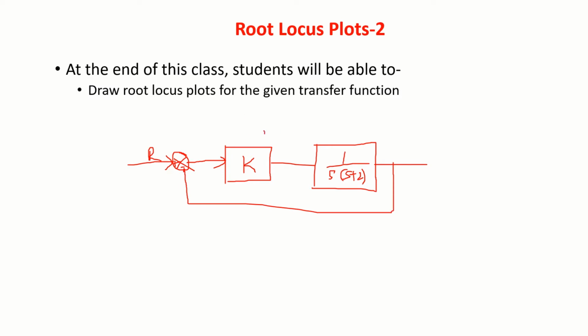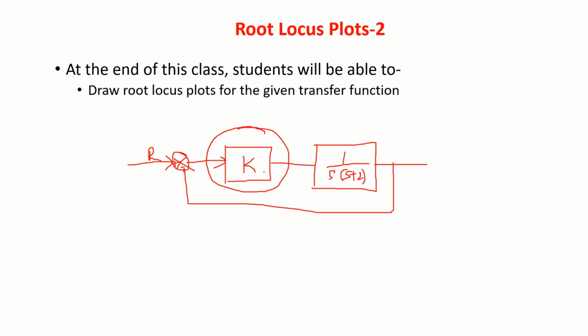So in the previous example, we discussed what should be the range of K so that the system will be stable. What is the limiting value of K at which the system starts oscillating?